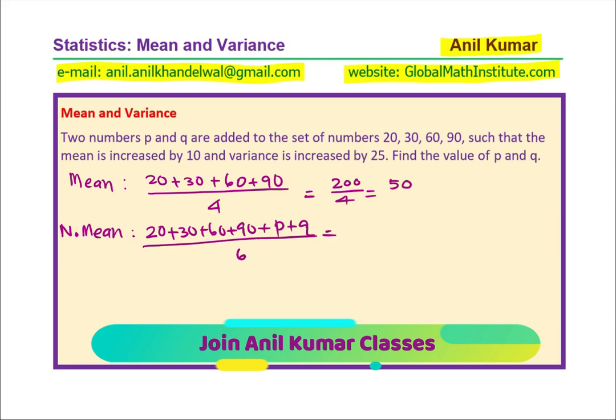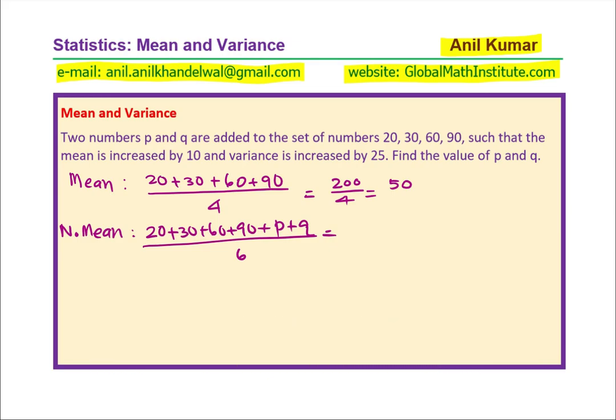So we get 200 plus P plus Q, right? And this number is increased by 10. You get the idea. Increased by 10 means 50 plus 10. That is what we are trying to say. So that is 60.